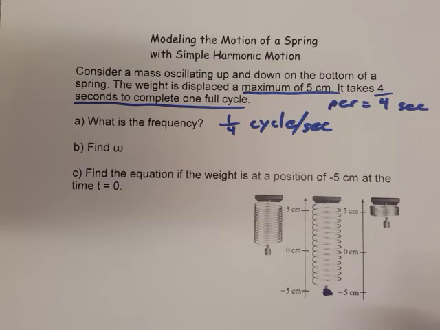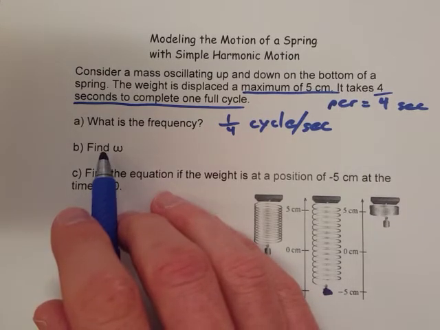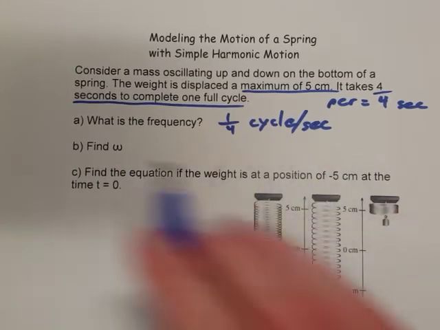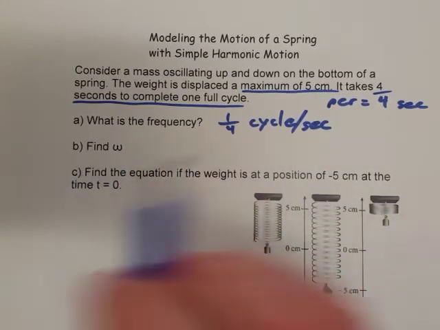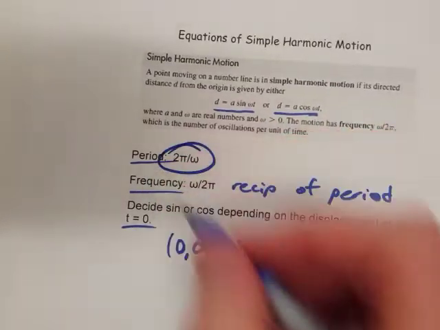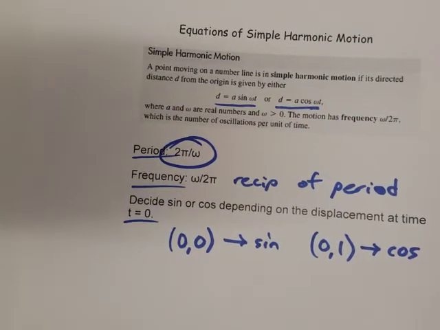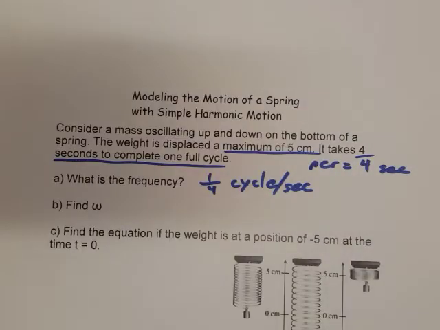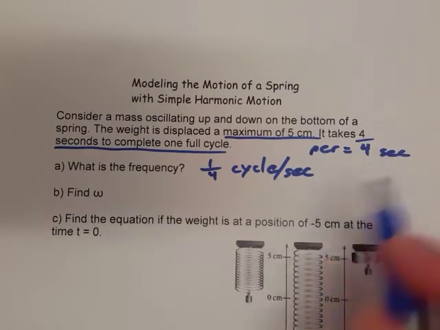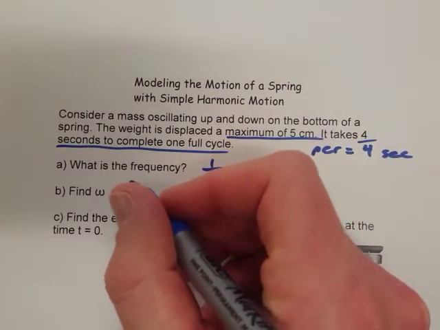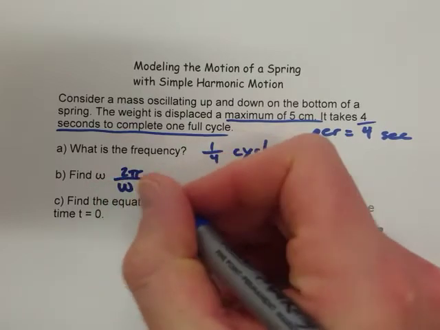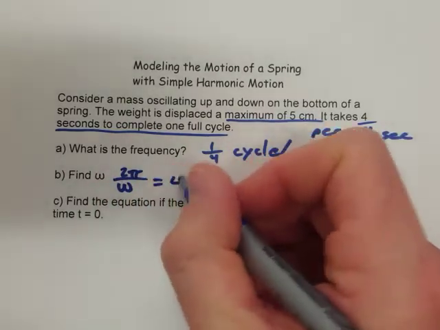Okay. Now find omega. If we're looking at the period or the frequency, I tend to like to go back to period, and that is, period is 2 pi divided by omega. We need to find out what that coefficient is. We know what the period is, so we can say 2 pi divided by that variable equals 4.